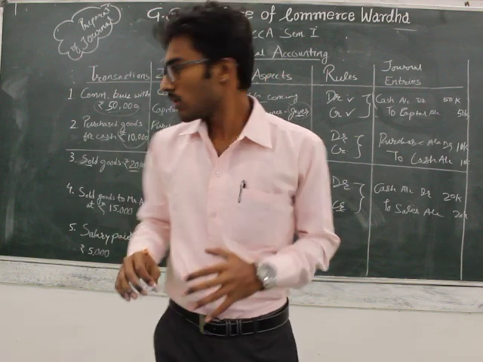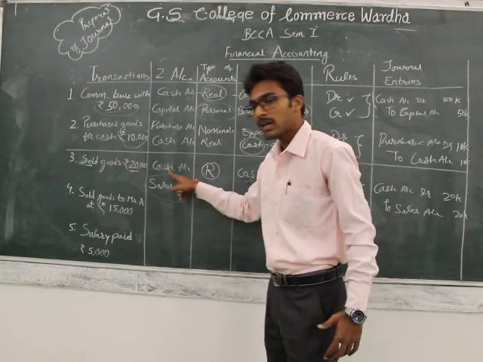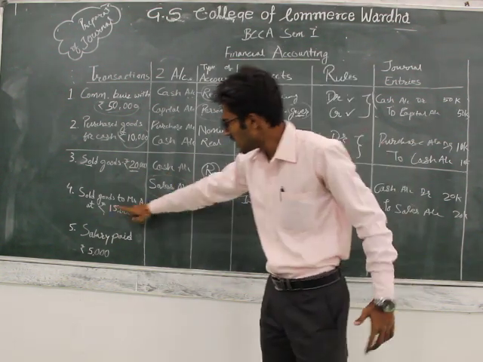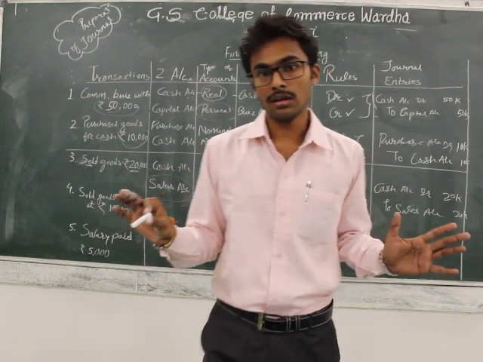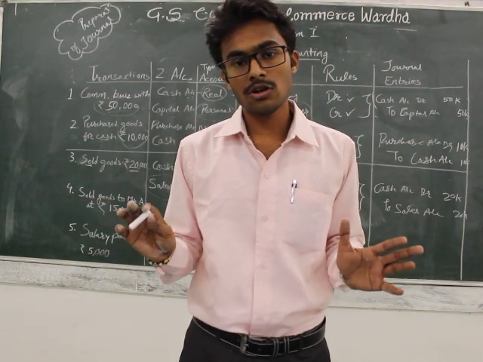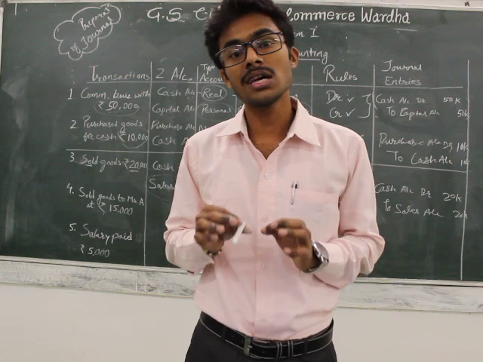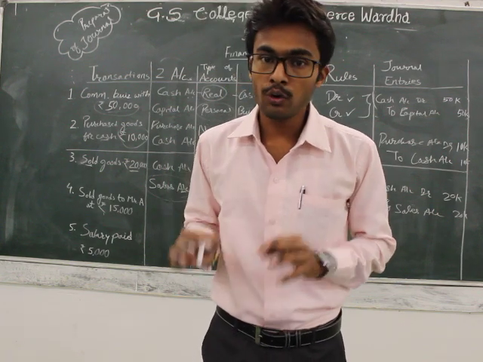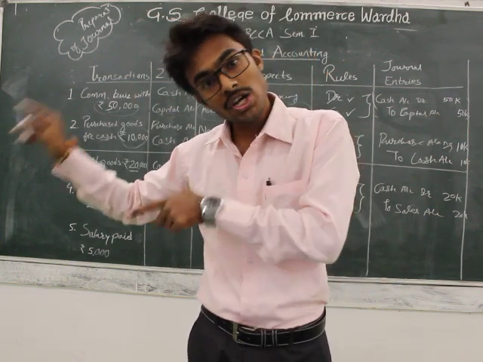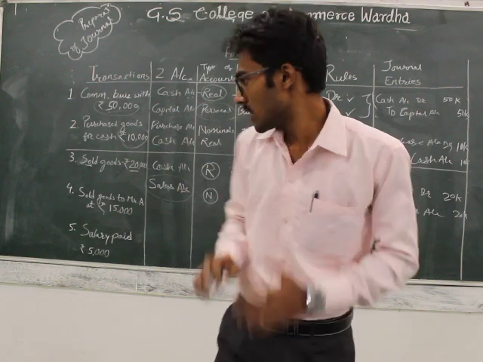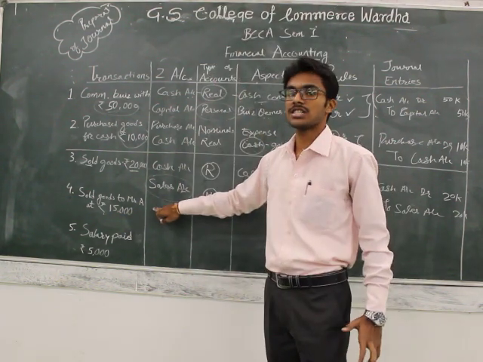But here cash is not coming in. Why is cash not coming in right now? Because this is a credit transaction. We are going to receive cash on a future date.